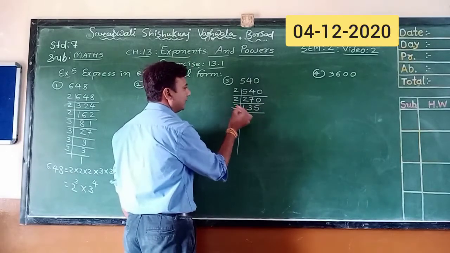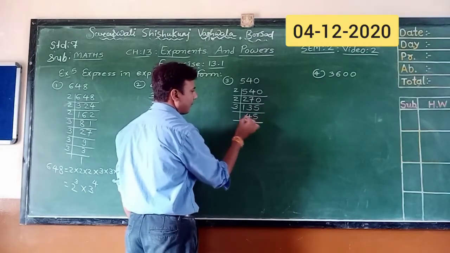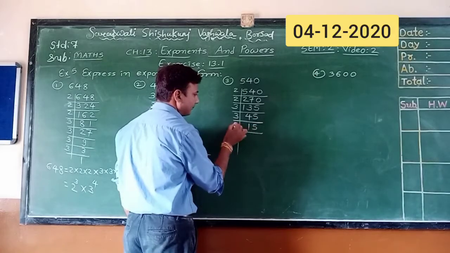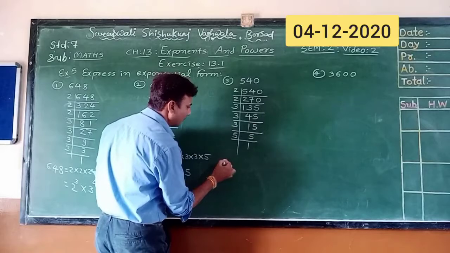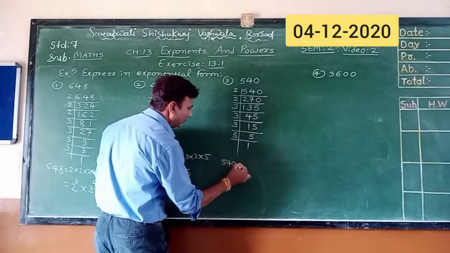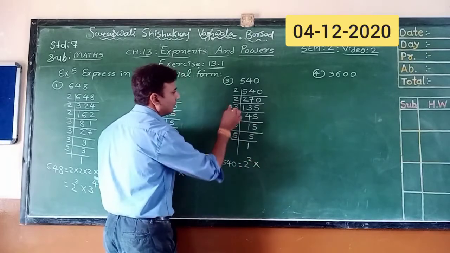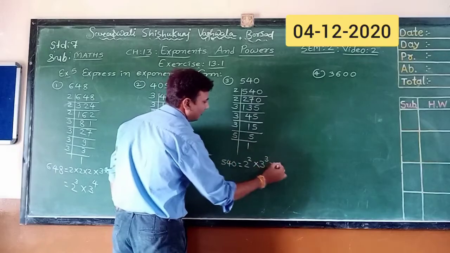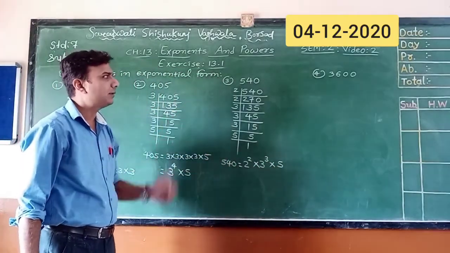Again 3 4s are 12, 1 remain 15, 3 5s are 15. 3 1s are 3, 1 remain 15, 3 5s are 15, 5 1s are 5. Now 540 has 2 two times, so we can write this as square, 3 three times, so 3 cube, and 5 one time. This is the exponential form of this number.